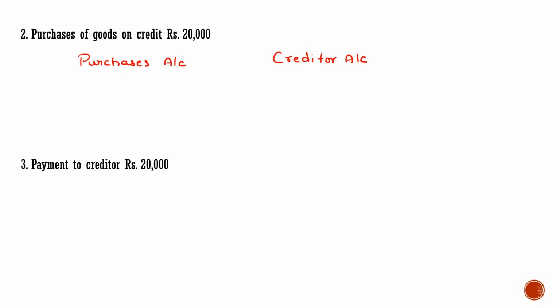Now once we have identified the account, what is the effect? When you think from the point of view of the accounting equation, when you purchase, what happens? Goods come into the business, so whatever goods you are holding is going to increase. Therefore, the account involved would be your stock account, which would increase.